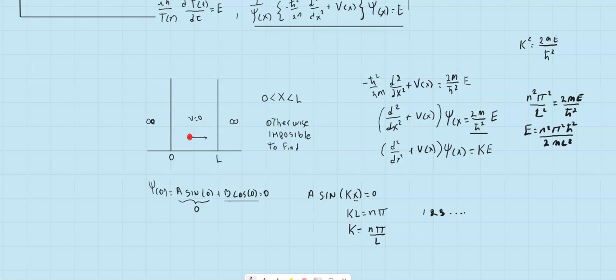And my function is going to be A sine of n pi x over L. And this is my eigenfunction for the time independent psi of x.